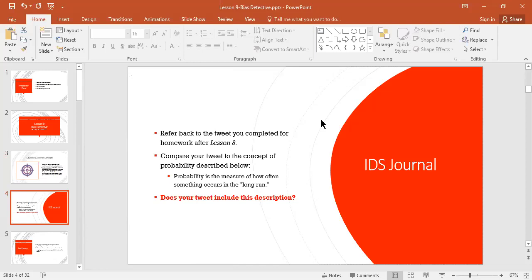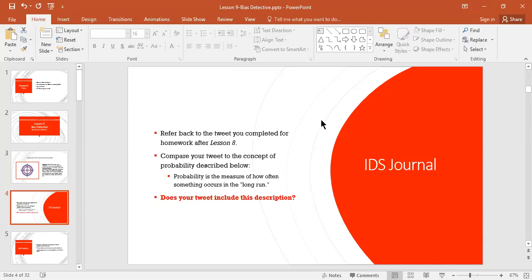So when we talk about probability, especially that ideal or theoretical probability, we're talking about the expectations, the probability of something happening in the long run, okay? So the question is in the tweet that you wrote, does your tweet include this description or something along this description? If yes, great. If not, I want you guys to adjust your tweet.